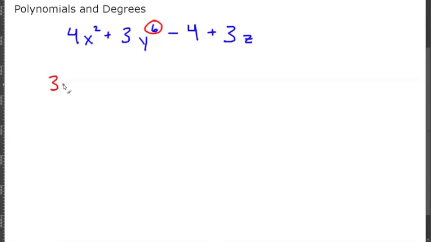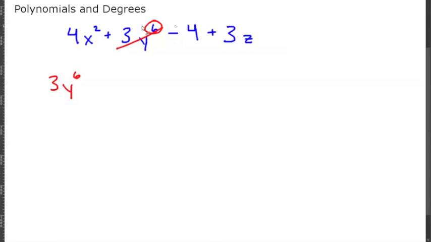Typically, when you write polynomials, you'll want the highest degree monomial first, and then the other monomials added together after that. So, if I was to give you 4x squared plus 3y to the sixth minus 4 plus 3z, you would rewrite that as, well, 6 is the highest degree, so we're going to have 3y to the sixth first.